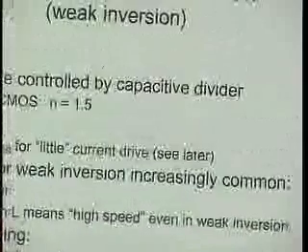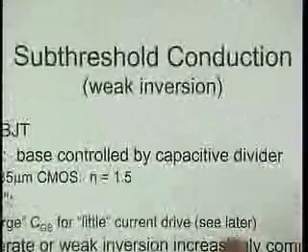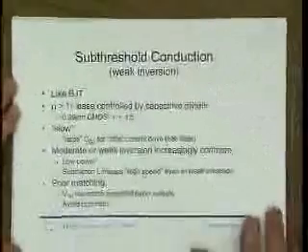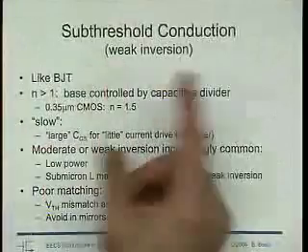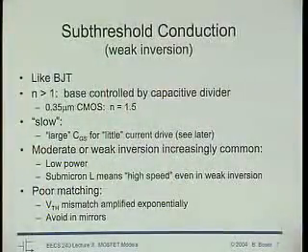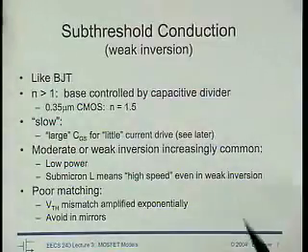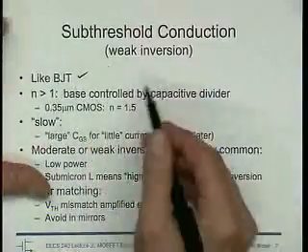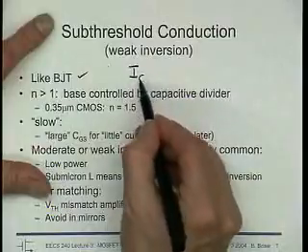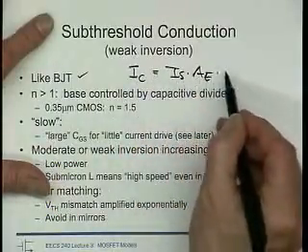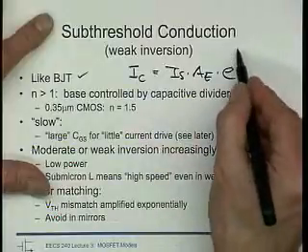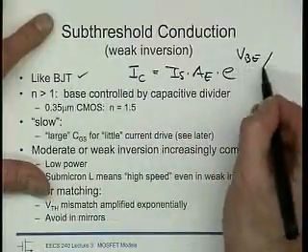Weak inversion has actually two names, subthreshold conduction or weak inversion, same thing. Use either. It's just to confuse you. So it's kind of like the BJT. A BJT would have IC equal to IS times the emitter area, times e to the VBE over VT.